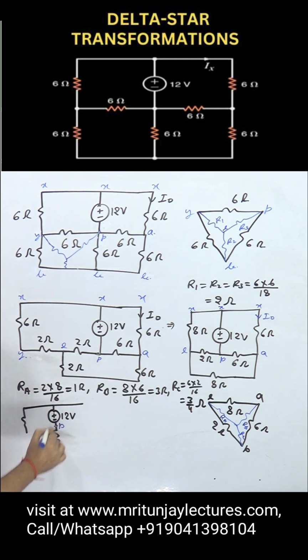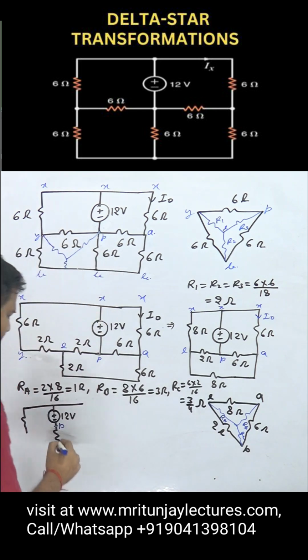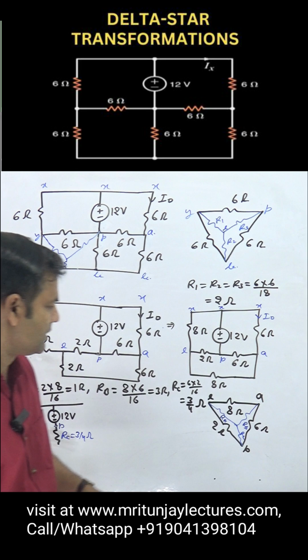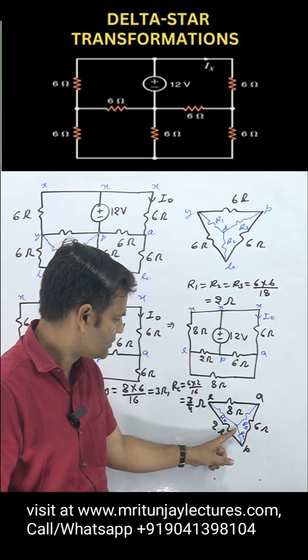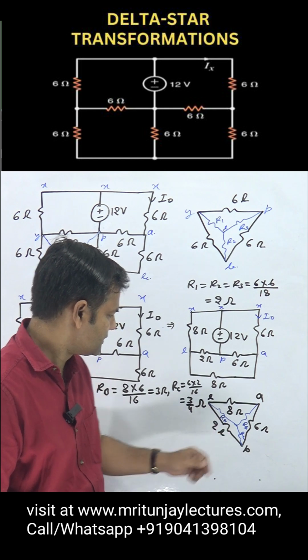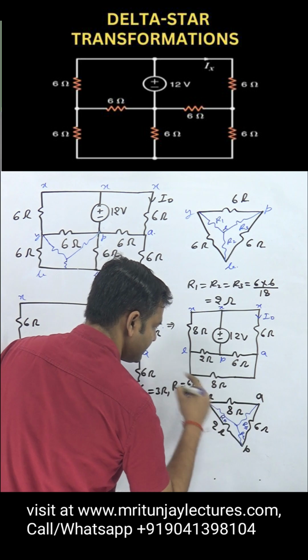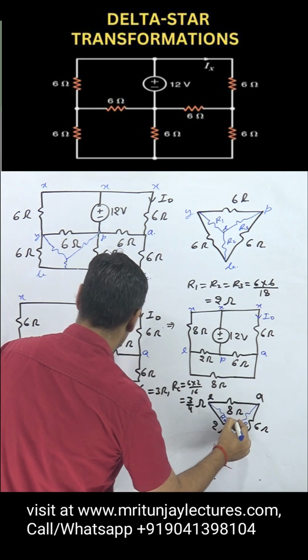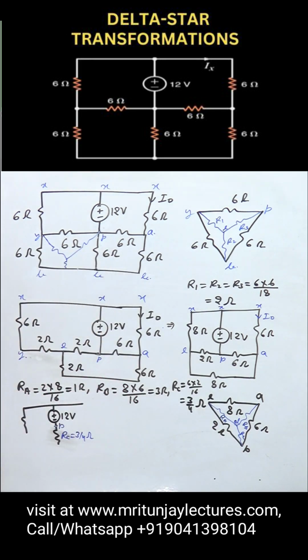That is P connected to RC. RC is how much? RC is 3 by 4 ohm. Okay, and E connected to, suppose that point is D. That point is D.